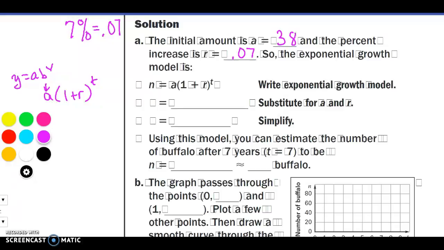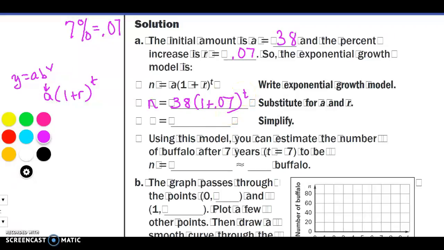So we're going to fill in our numbers now. N is going to be the number of buffaloes, so we'll leave that as n, equals a, which is 38, our initial number of buffaloes, times 1, all the buffaloes, plus a percentage more, 0.07, to the t power.